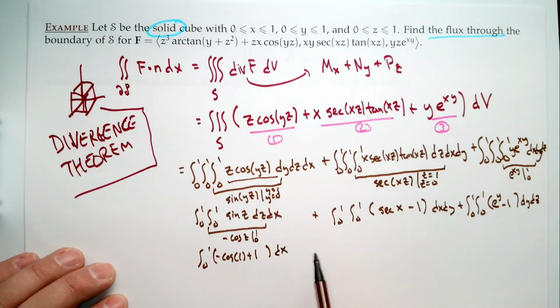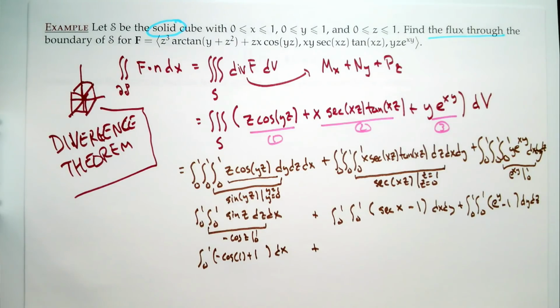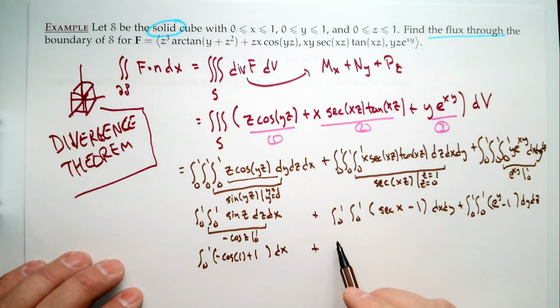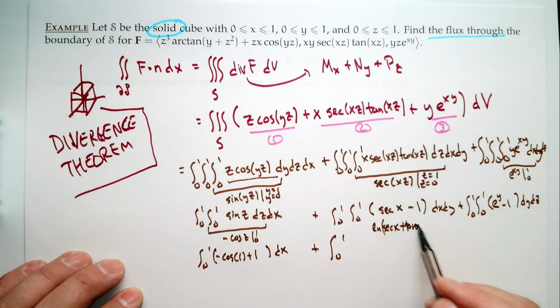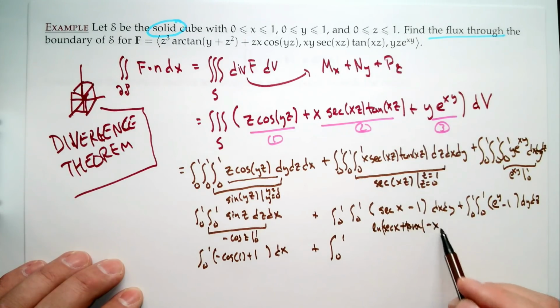Okay, dx plus, okay, do we know the integral of secant? Yeah, you got it. Good. So this is natural log secant x plus tangent x. And of course, we also have minus x. And we're going to evaluate from 0 to 1.